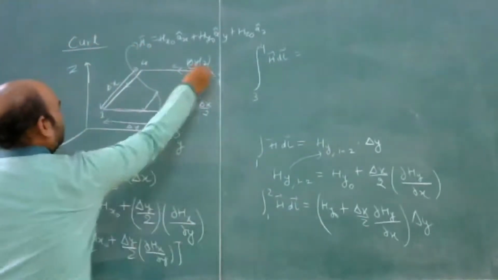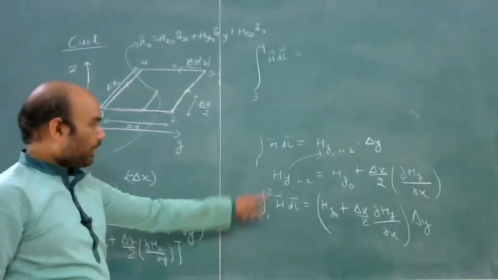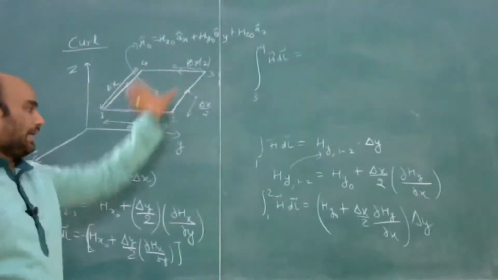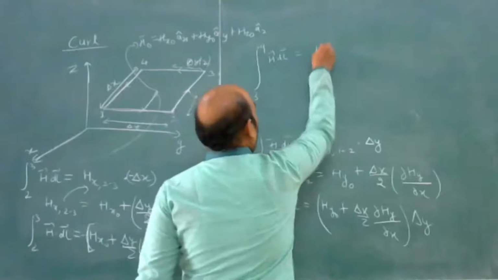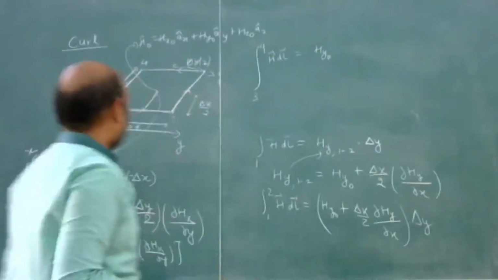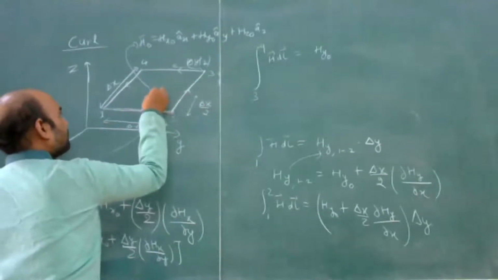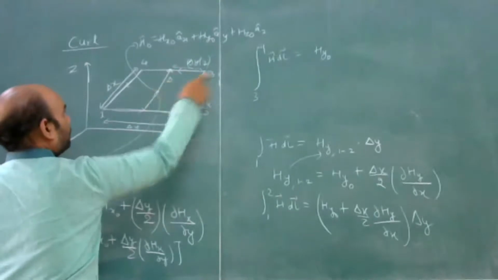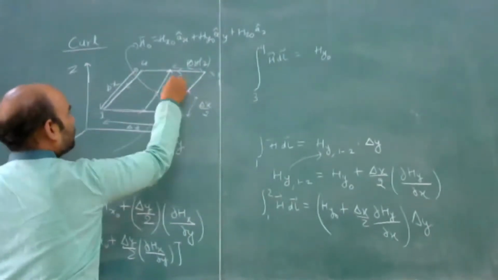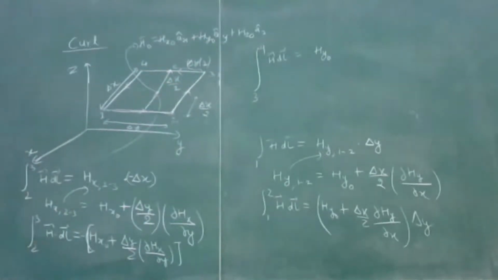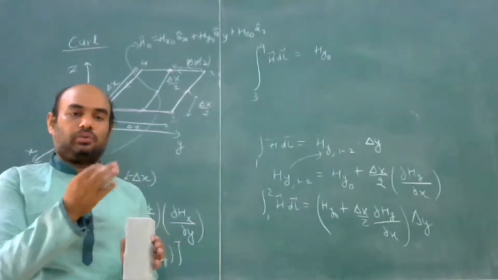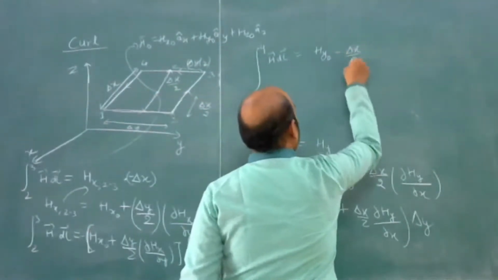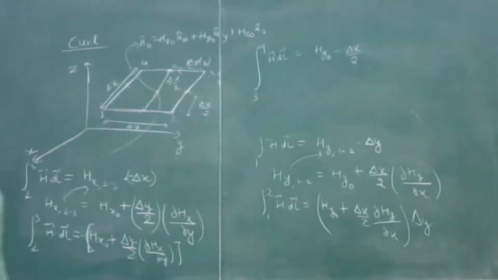From 3 to 4, it will be similar to 1 to 2, because 1 to 2 was along the x-axis, and this is along the y-axis. So this will be Hy naught. We have to travel a distance in this direction from the center to the line segment 3, 4. This will be delta x by 2, again in the negative direction with respect to the x-axis, so this will be minus delta x by 2. You have to consider this convention.